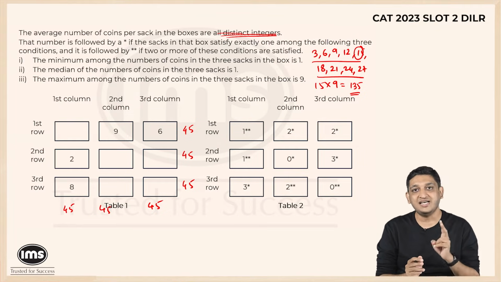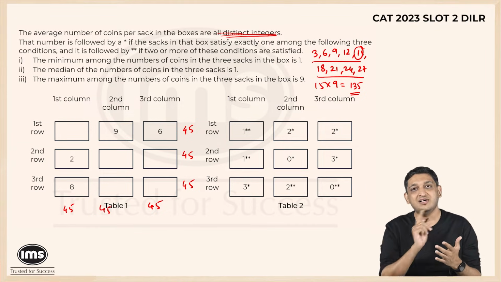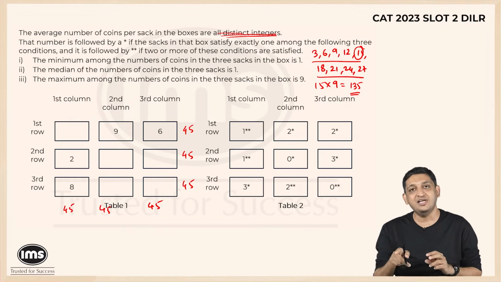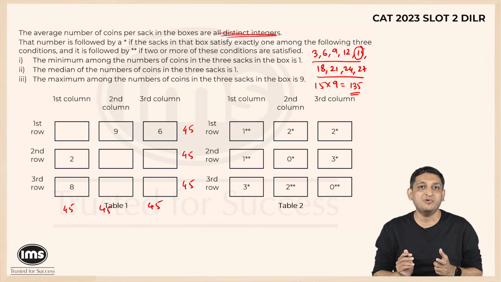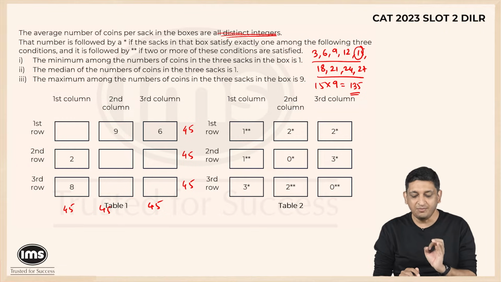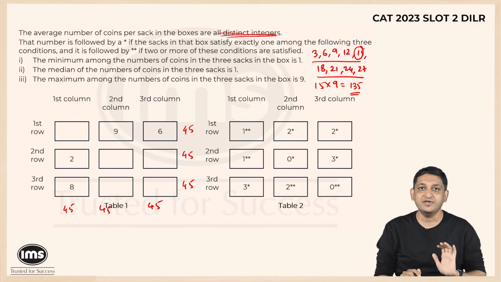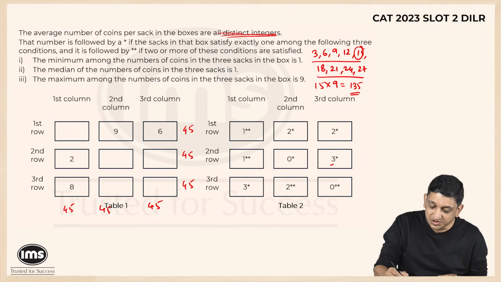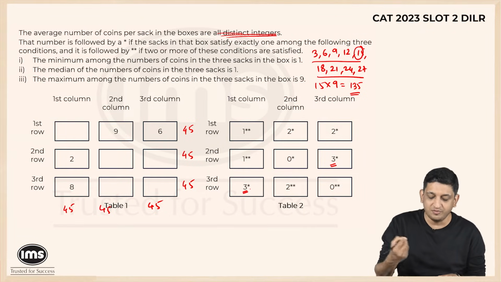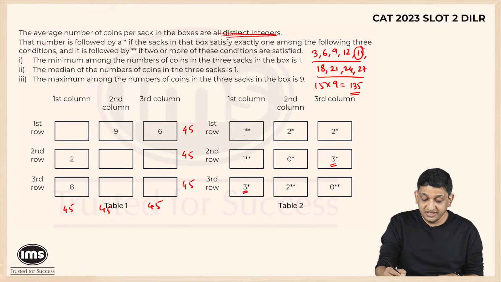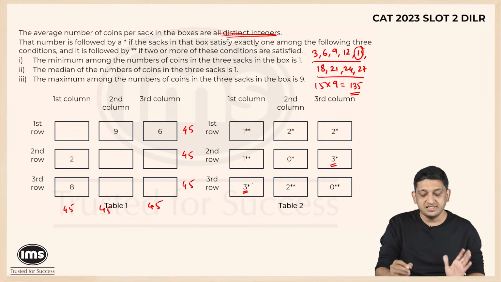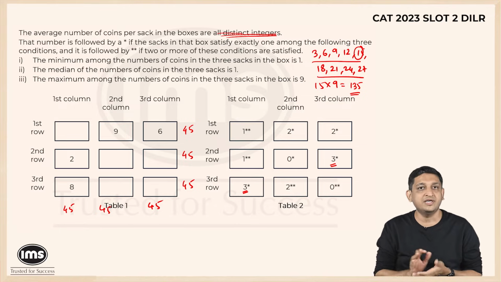You cannot have 2 sacks having more than 5 coins, the third sack having 5 or less than 5 coins and then having 999. That is not possible. So I need to find some block wherein all 3 sacks have more than 5 coins. So I know for sure that this could be one of the sacks or this could be a sack. Right? So either this one has a 999 or this one has a 999. Otherwise, you will not be able to make 27.